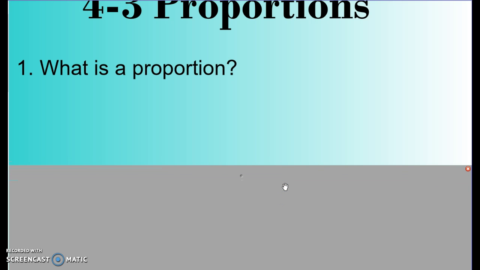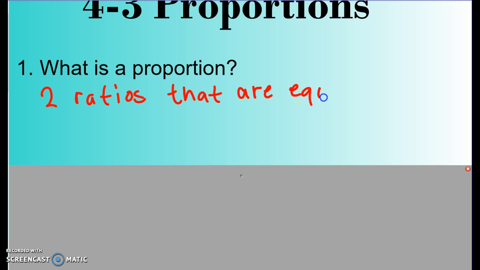I'm going to give you kind of a formal definition of it, but lucky for you, it involves something that you already know a little bit about. And so proportions really are just two ratios that are equal. So maybe you've seen them written before.